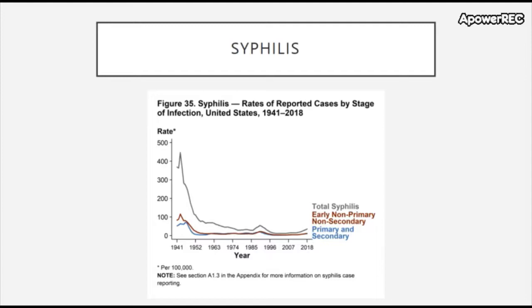With the use of antibiotics and sexual protection methods, we've dropped those cases down precipitously. However, over the past 17 to 20 years, we've had an uptick in the total number of syphilis cases.